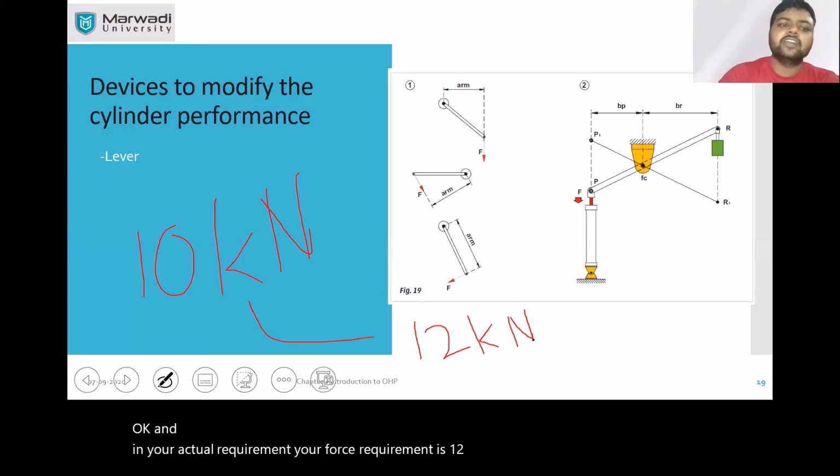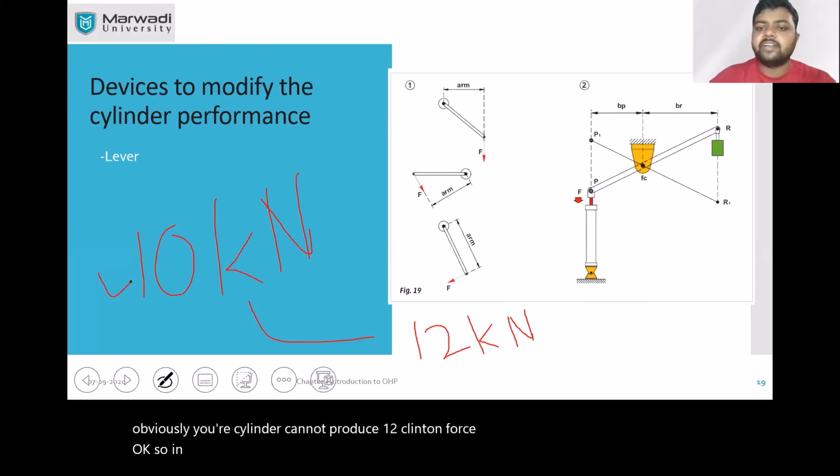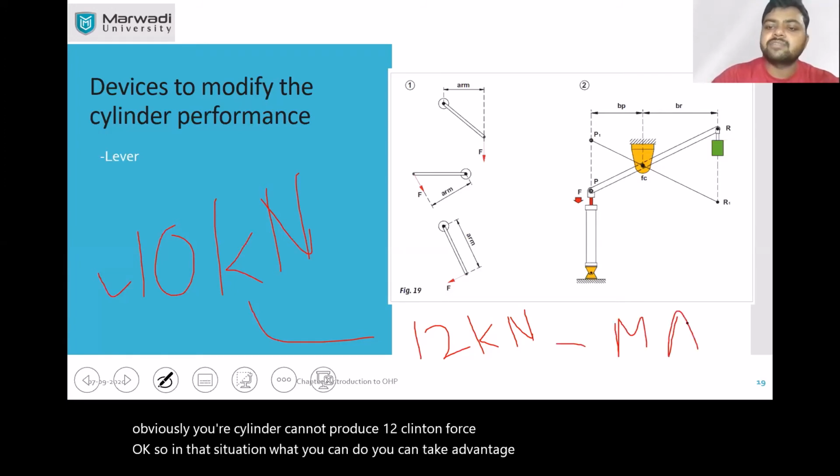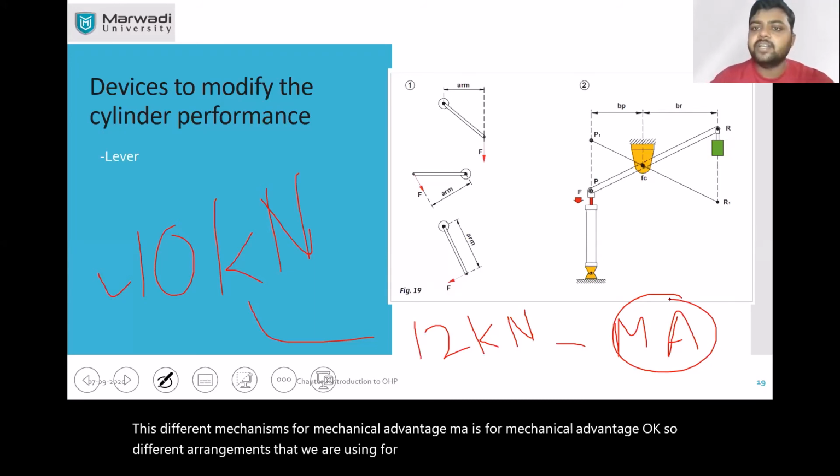Obviously, your cylinder cannot produce 12 kilonewton force. In that situation, you can take advantage of different mechanisms for mechanical advantage. MA is for mechanical advantage. You know different arrangements that we use for producing mechanical advantage. Here is just one example.